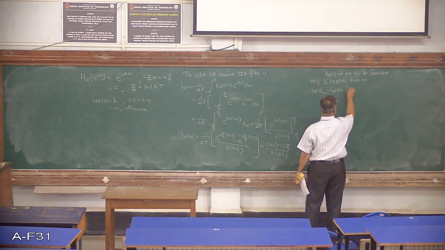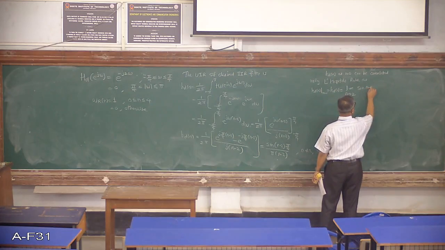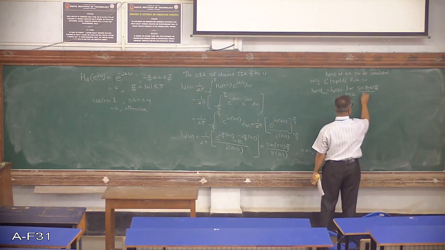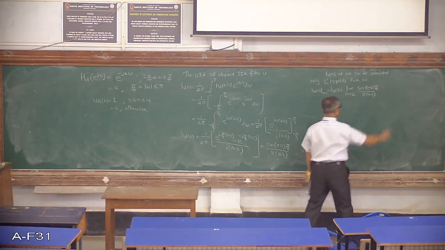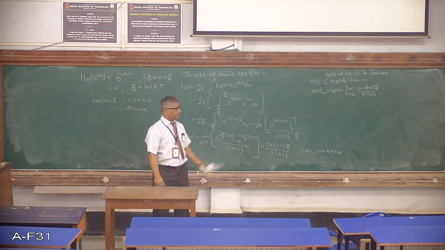So this is the limit n tending to 2 of sine (n minus 2) pi by 4 divided by pi times (n minus 2). This is the formula you have to use. Limit n tending to 2, what is the value of this hd of n?